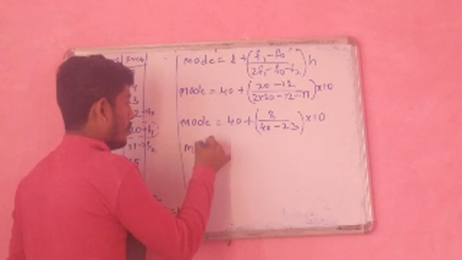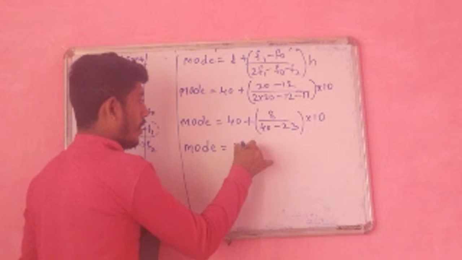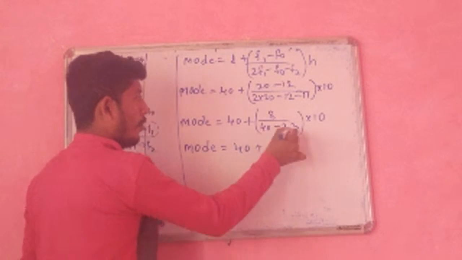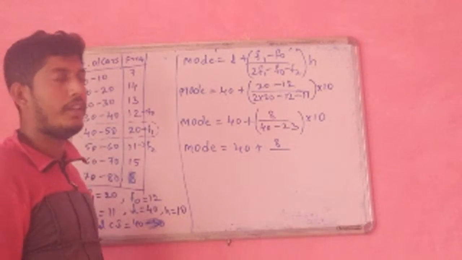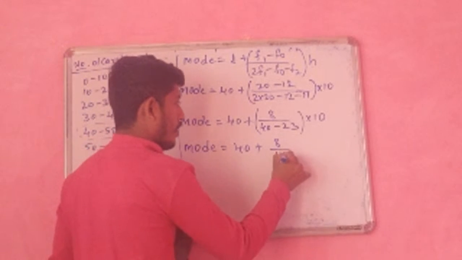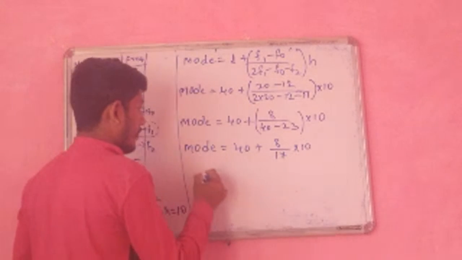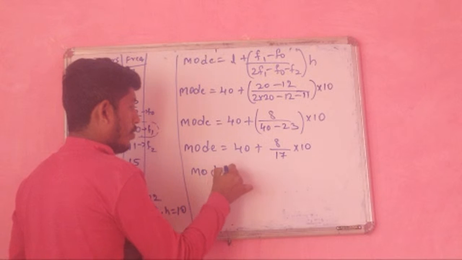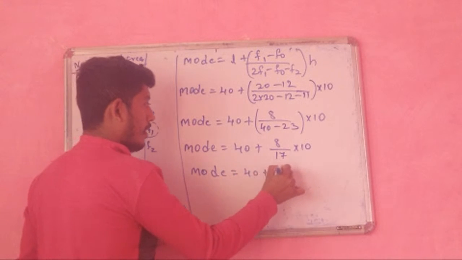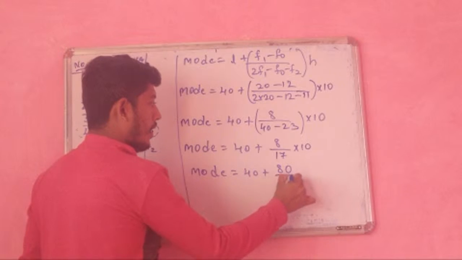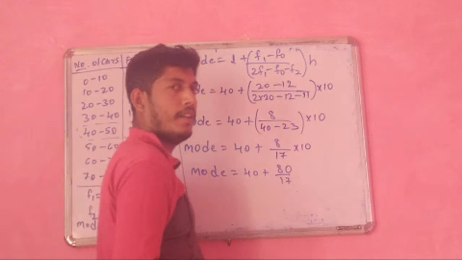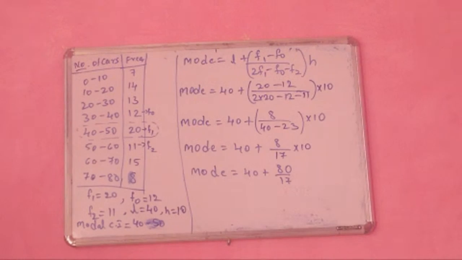Then mode equals 40 plus 8, 40 minus 23 is 17, into 10. Therefore mode equals 40 plus 80 divided by 17. Now just simplify this and find out the answer first.